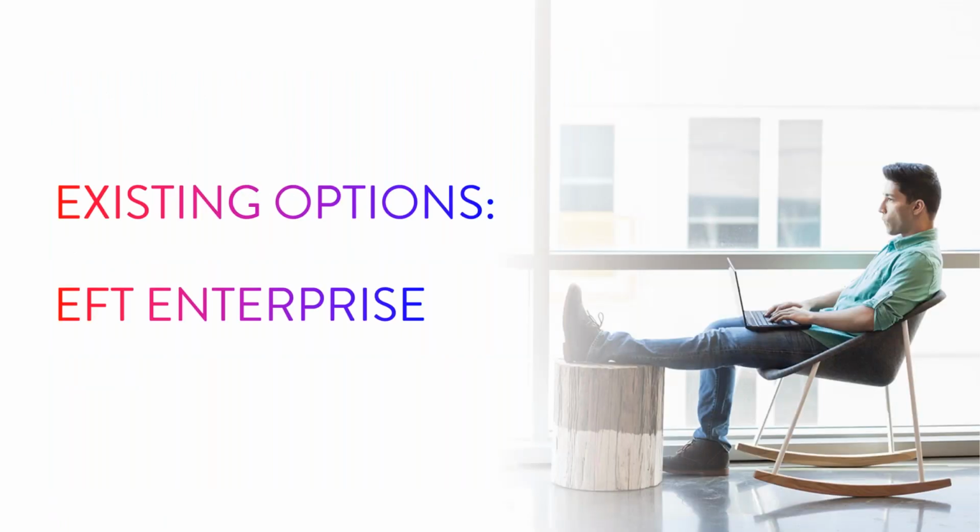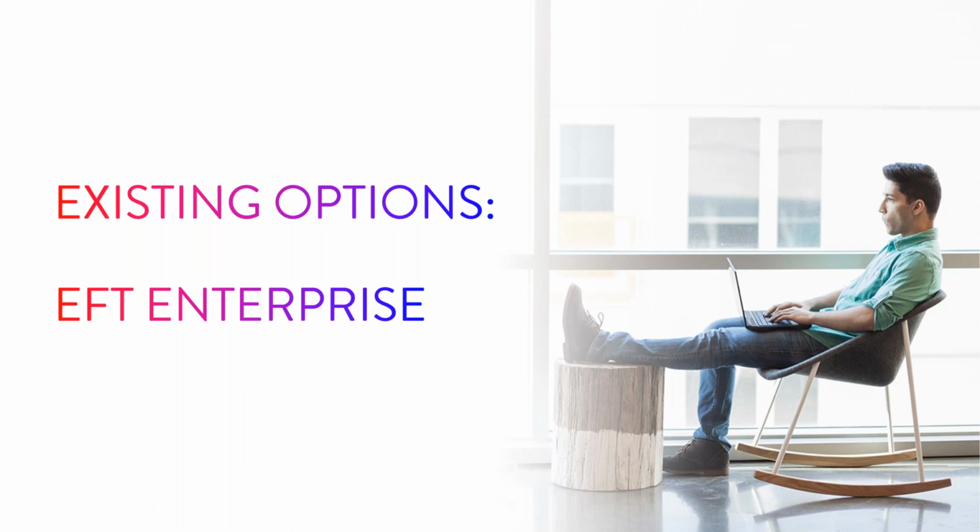All right, so first we're going to talk a little bit about EFT Enterprise. As you are probably already aware, EFT is broken into 2 major categories, either EFT Enterprise or EFT Express. And both of those platforms have their relative strengths. EFT Enterprise is obviously more geared toward enterprise, high availability, tier 1, business critical application environments.